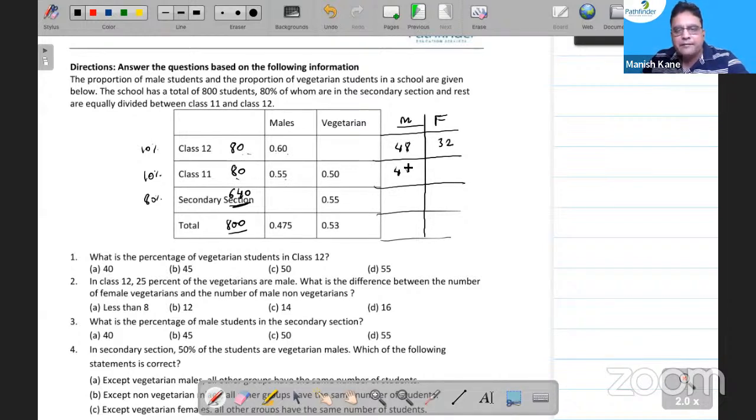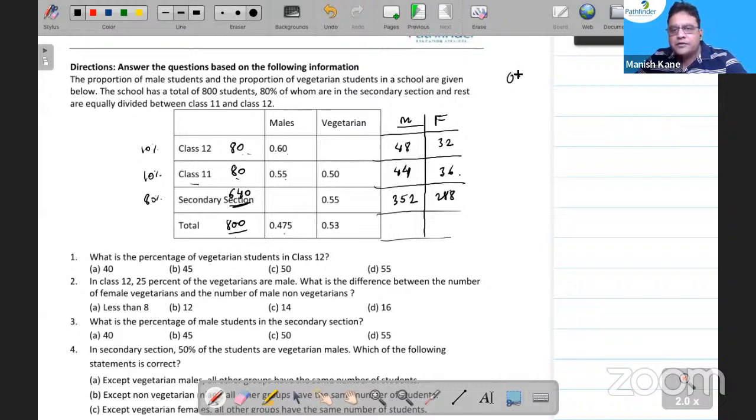55% of 80, 44 males in class 11. And 80 minus 44, so 36 females. And this is 320 and 32, that is 352 males in the secondary section. So 48 plus 240, so 288 are the number of females. And total males is 0.475.